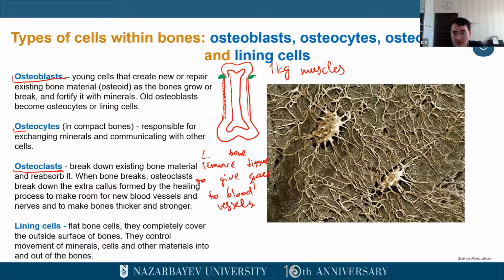And at some point, the person started walking a lot or doing physical exercises. And after some time, we have, let's say, 1.5 kilos of muscles. And of course, they didn't change the point of fixation to the bone.